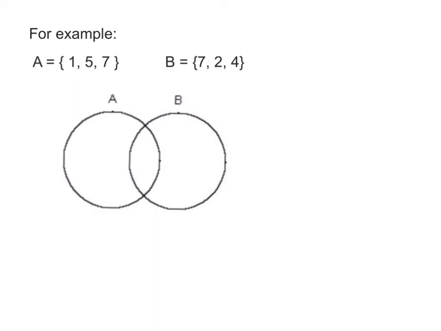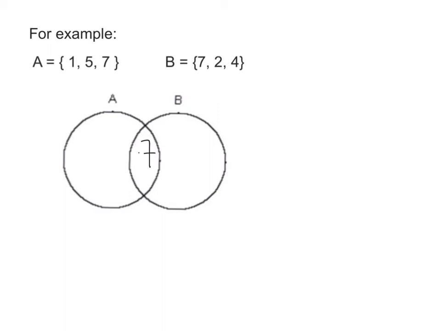And if an element belongs to both sets, we position it in the middle section, which is called the intersection and means between. So let's write it down: 7 in the middle.